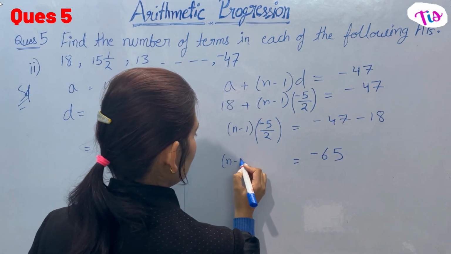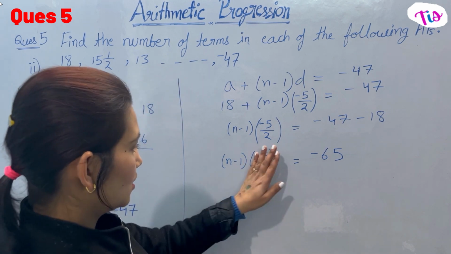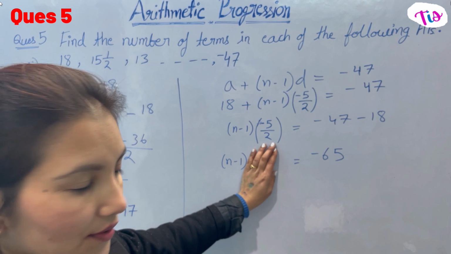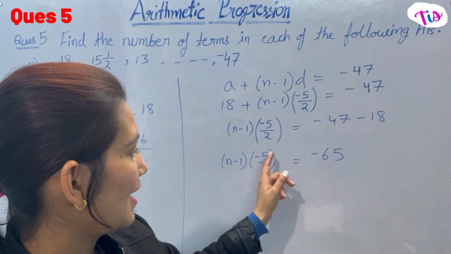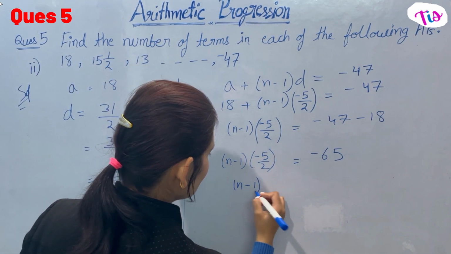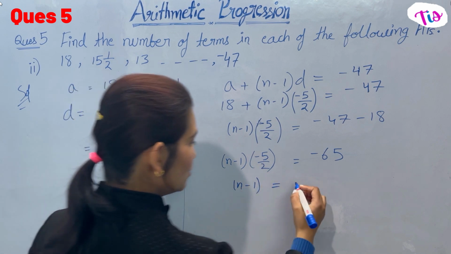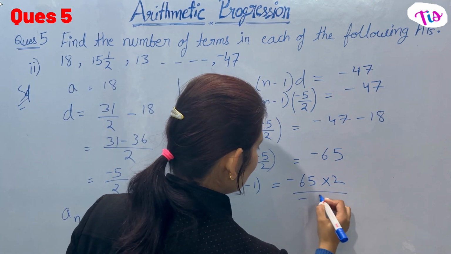Now this is in multiplication, right? So by cross multiplication, 2 will go above and 5 will come into the denominator, and on the left hand side we have n minus 1 is equal to minus 65 into 2 upon minus 5, right?